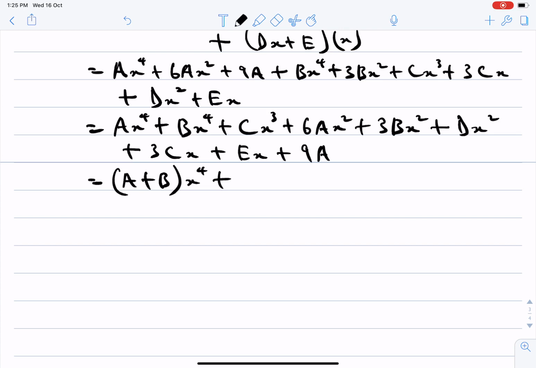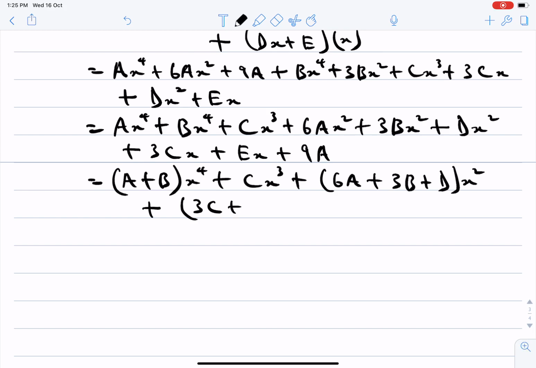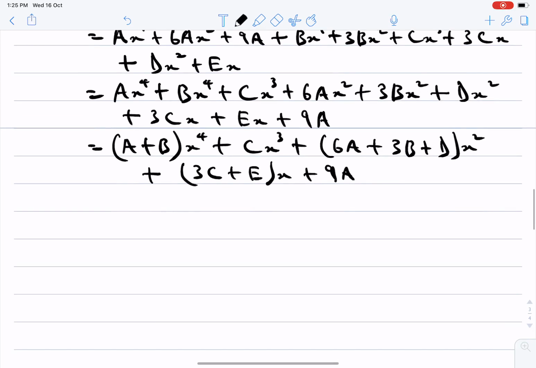This is the same as a plus b x to the power 4 plus c x to the power 3 plus 6a plus 3b plus d x squared plus 3c plus e times x plus 9a. Now we can compare coefficients.